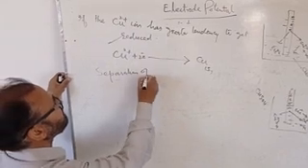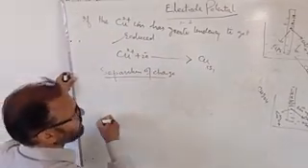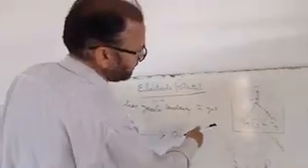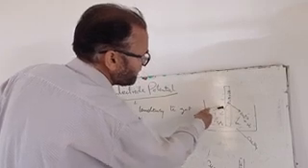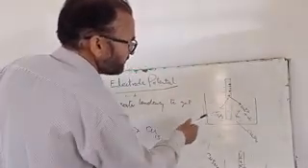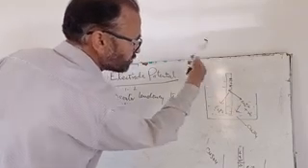So due to the separation of charge between the electrode and its solution, a potential difference is set up between the electrode and its solution. This potential difference set up between the electrode and the solution is known as electrode potential.